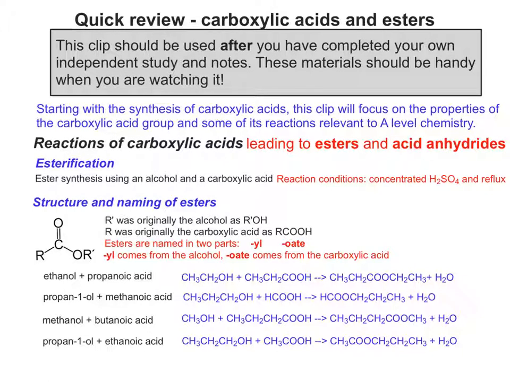The OATE part comes from the carboxylic acid. And just to illustrate it, I've labelled the four esters that we made with those combinations on the left hand side: ethyl propanoate, propyl methanoate, methyl butanoate, and propyl ethanoate.